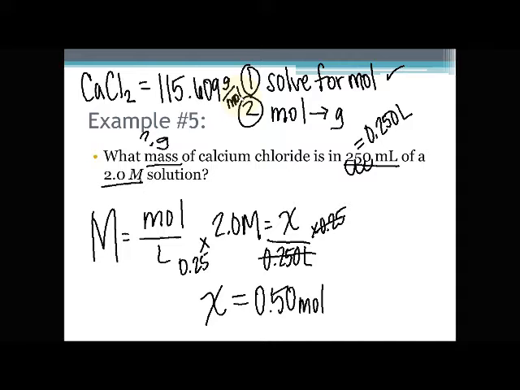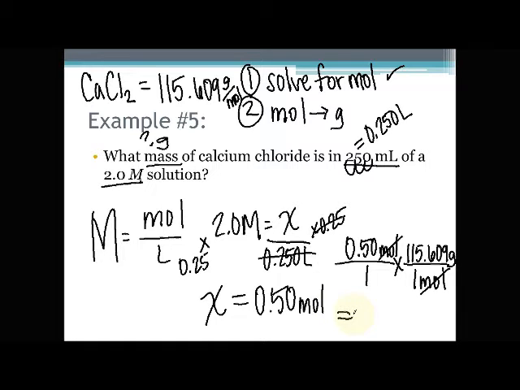Okay, so on the mole map, it tells us to take what we know over 1. So we're going to take the 0.50 moles over 1 times, and we're going to put grams on top. So the molar mass goes on top, 115.609 grams over 1 mole. The moles cancel out. We're left with grams, so we can go ahead and solve.